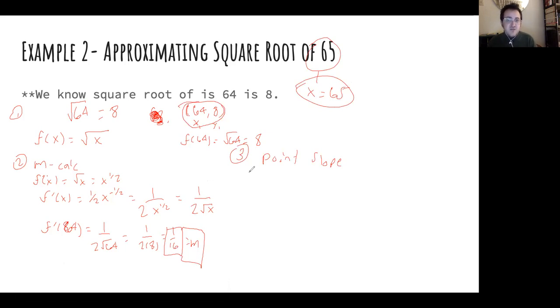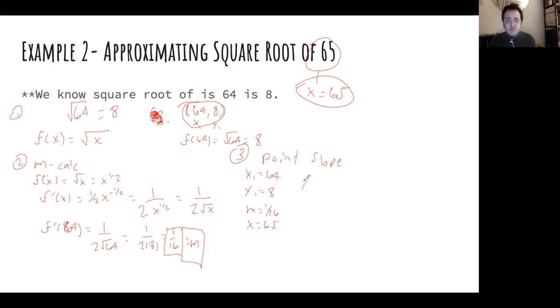I'm just going to take inventory here. So x1 was 64, y1 was 8, m is 1/16, and x is 65.